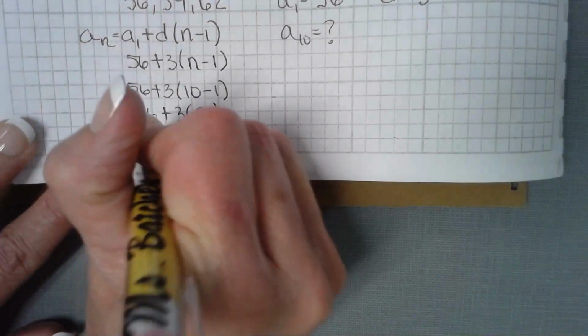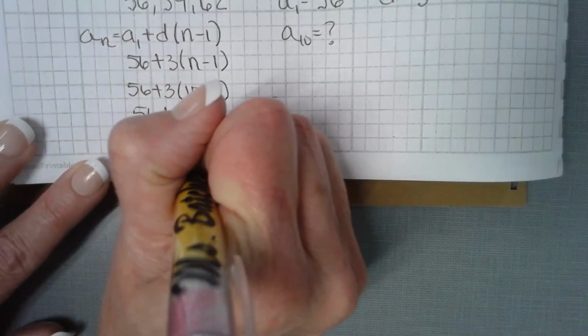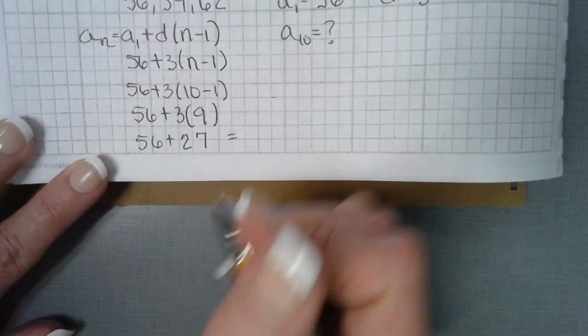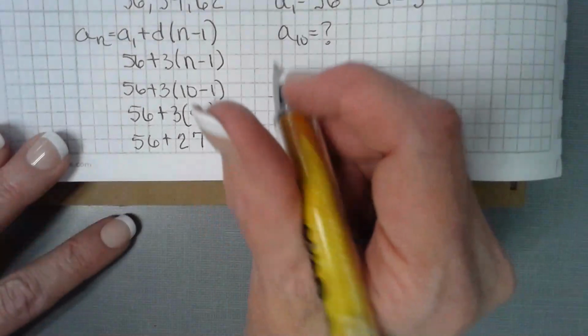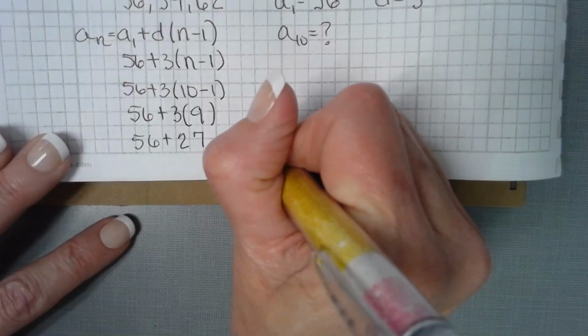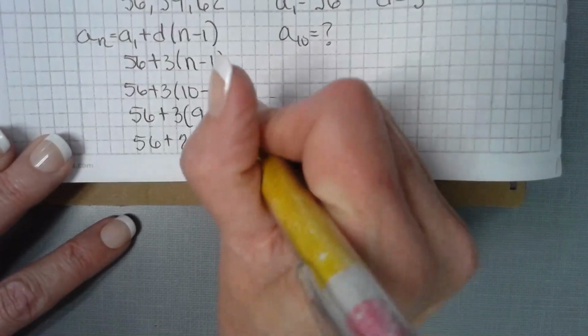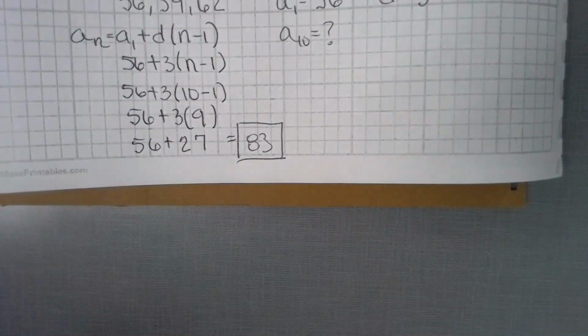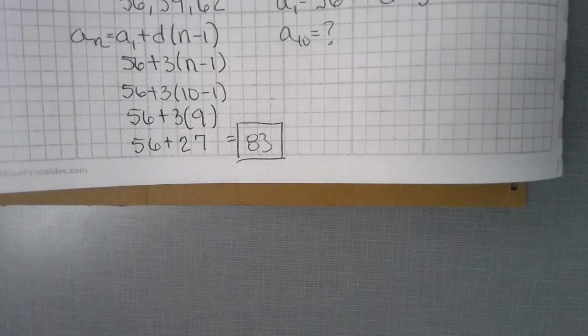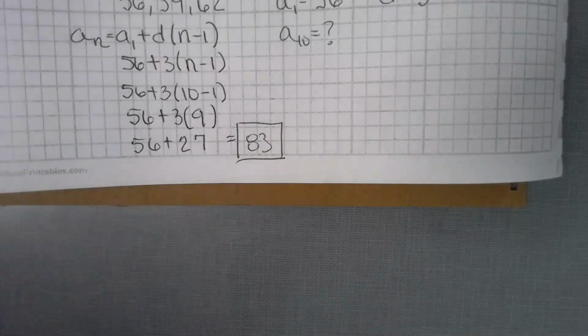That would be 56 plus 27. 3 times 9 is 27. And let's see, that's 83, I believe. So in the 10th row, there would be 83 people sitting there.